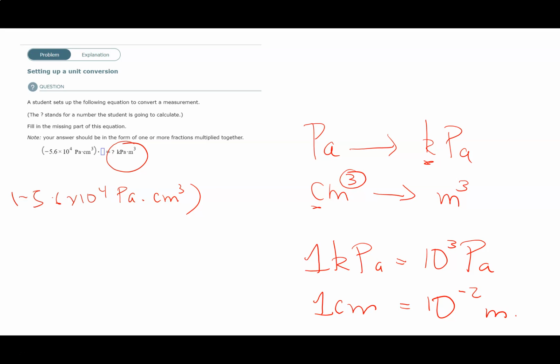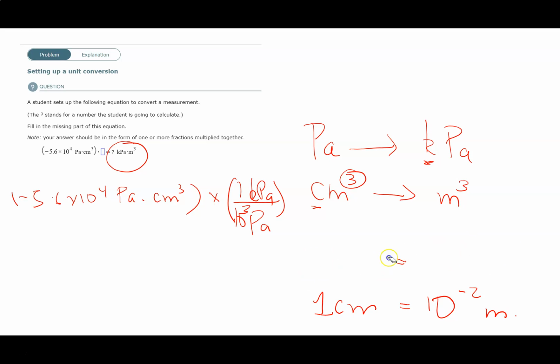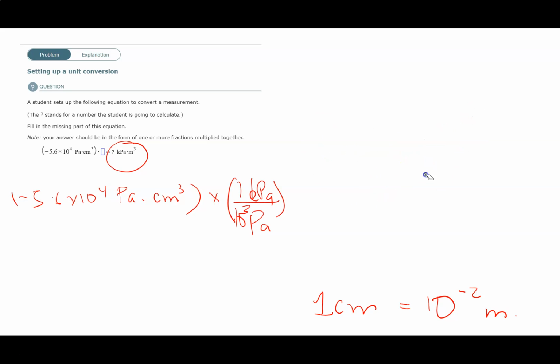And so to go from pascals to kilopascals, I'm going to need pascals on the bottom, kilopascals on the top, and I get one of those for every 10 to the 3 of those. So I've done that bit. Okay, good. So now I got to do my centimeters cubed business. So multiply.